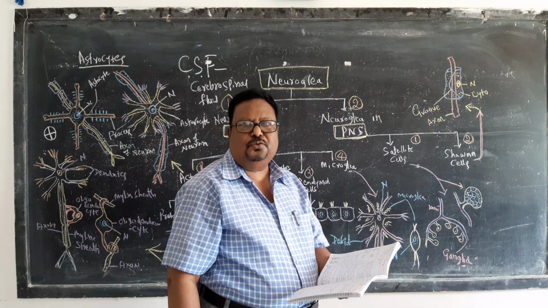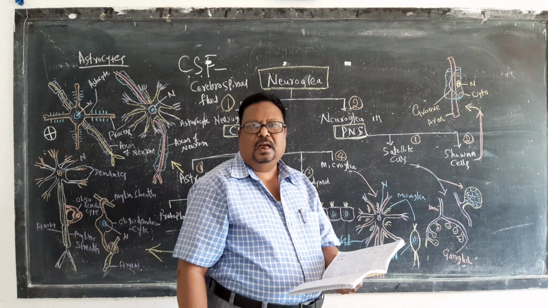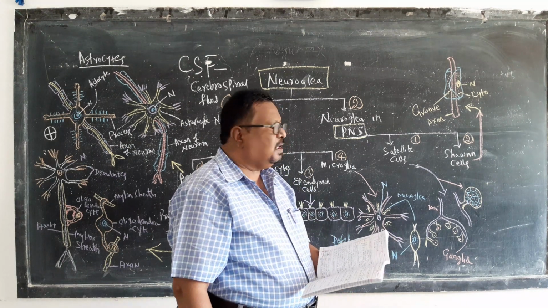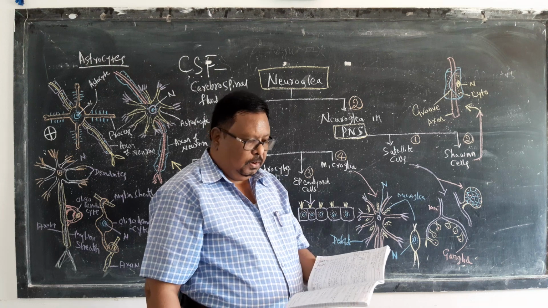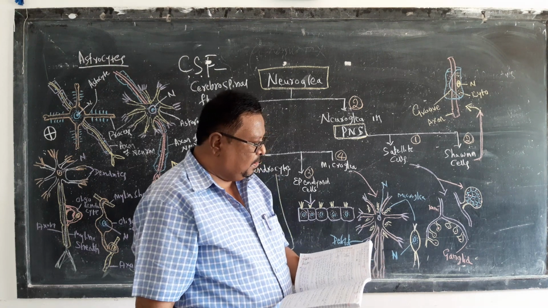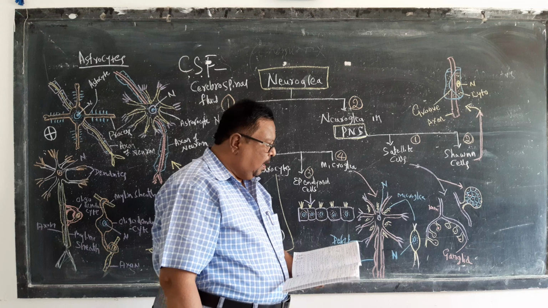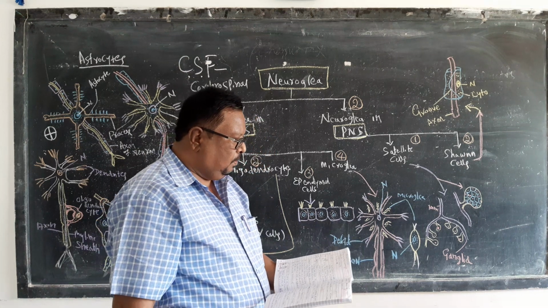The scientist Schwann invented these cells, and the cells are named after Schwann. So there are two types, the satellite cells and the Schwann cells.